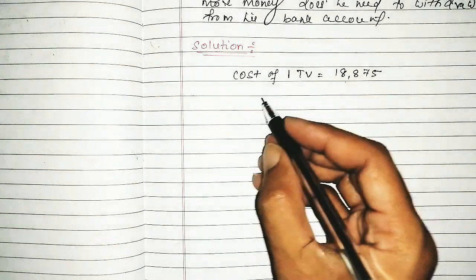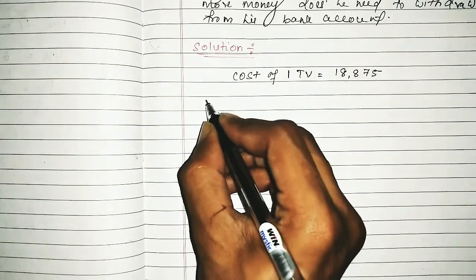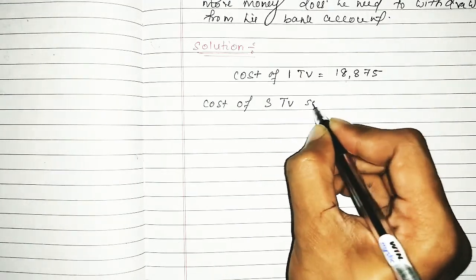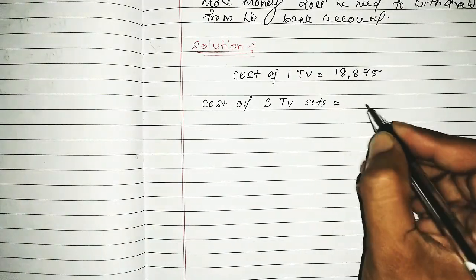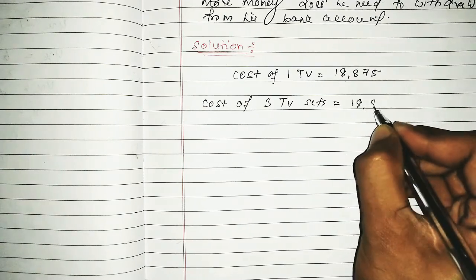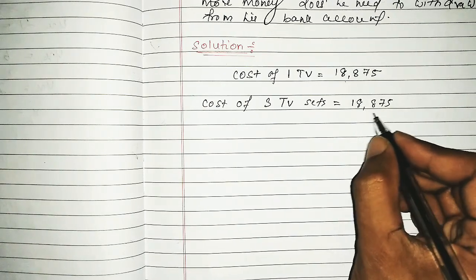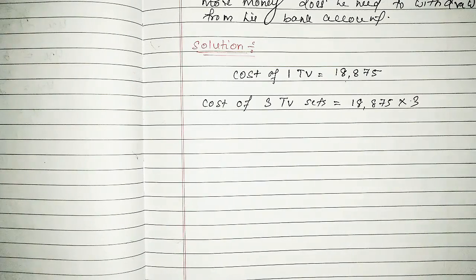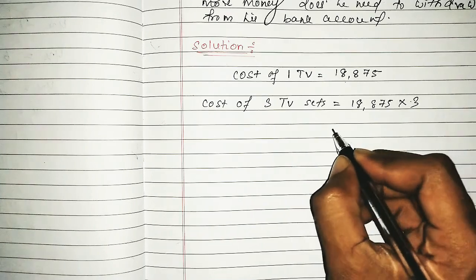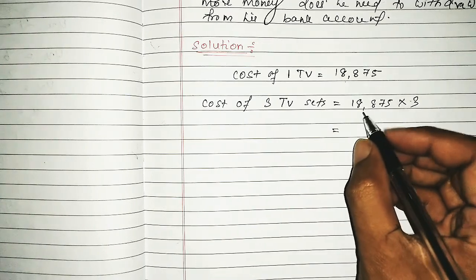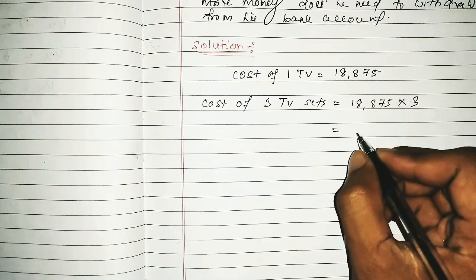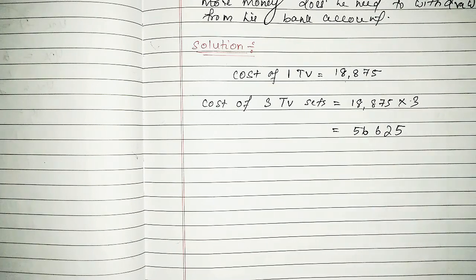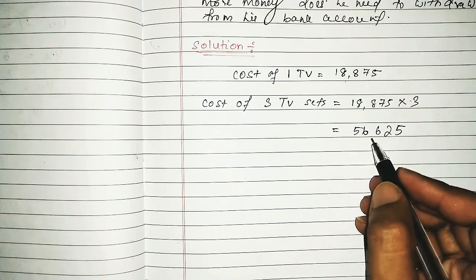So what will be the cost of three TVs? The cost of three TV sets is equal to 18,875, the cost of one color TV, multiplied by 3. If you multiply 18,875 with 3, you will get 56,625. So this is the cost of 3 TV sets.